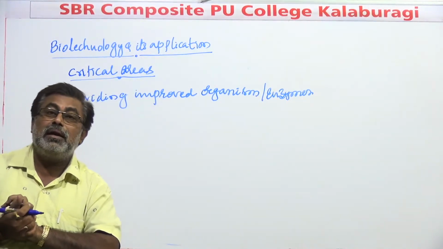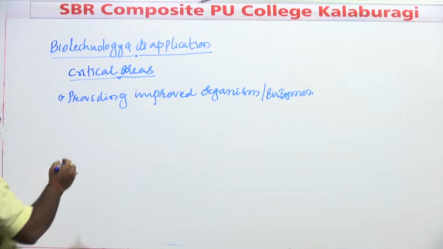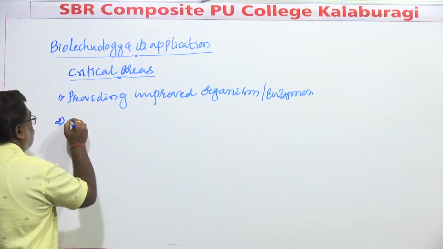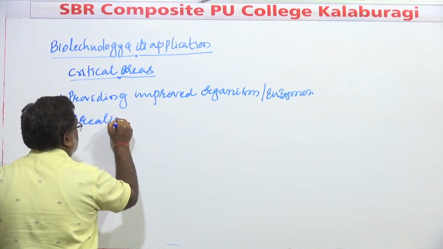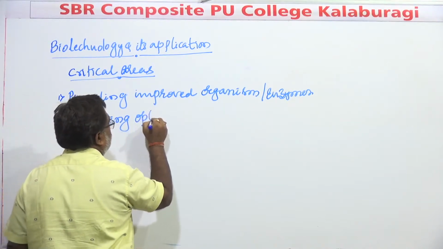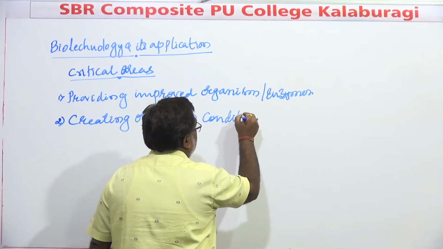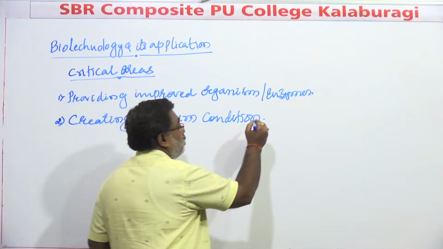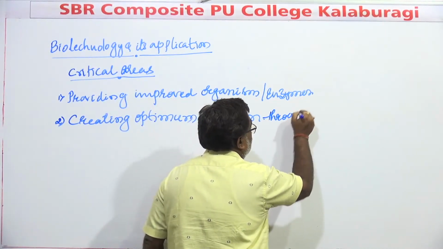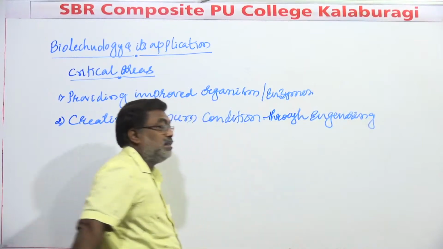This is the first critical area. The next one is creating optimum conditions through genetic engineering.